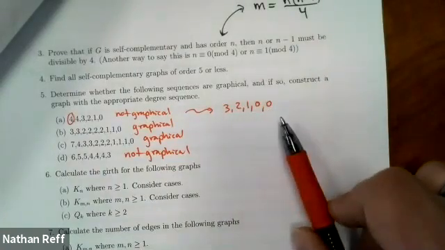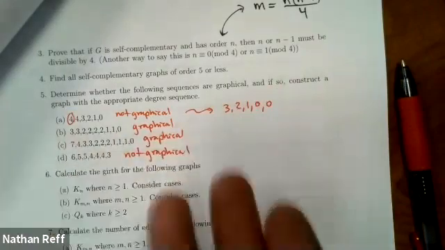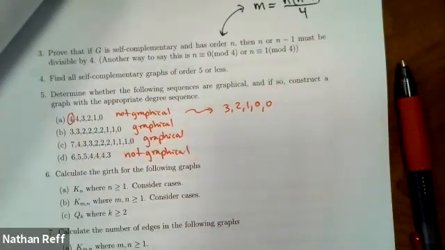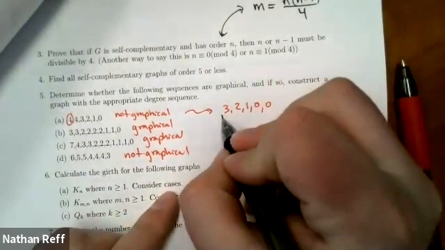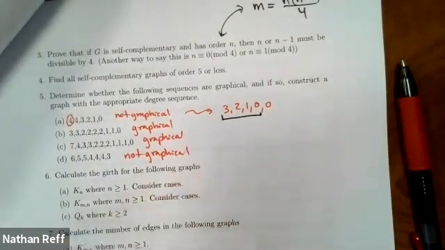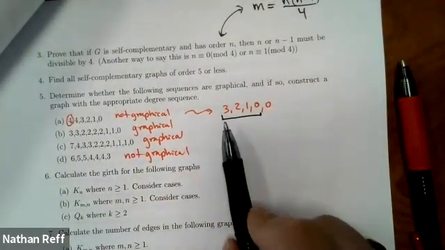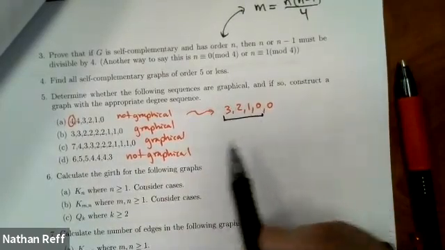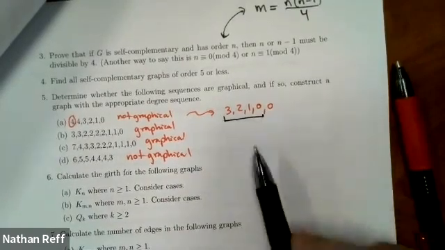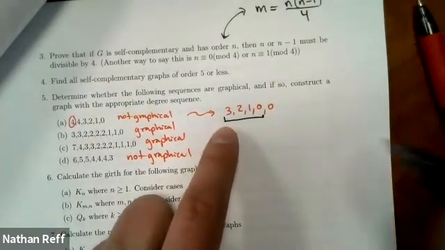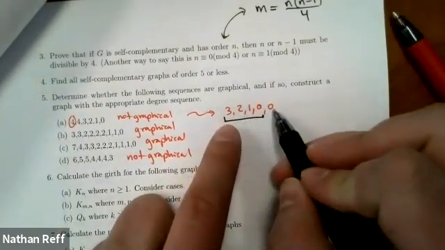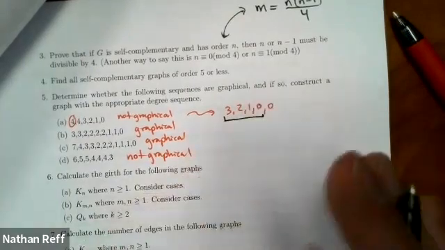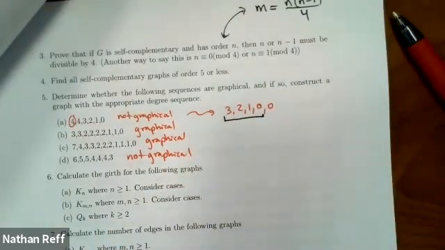Once you get to this point, do you see that it's not graphical? Most of you said that it was not graphical because if you just consider the first 4 vertices here, you can't have a list of distinct degrees like that, because this would force you to have a degree 3 vertex and a degree 0 vertex among 4 vertices, which is not possible in a simple graph at least.